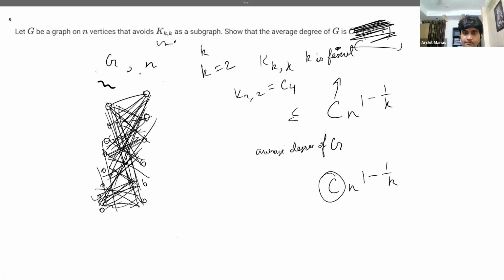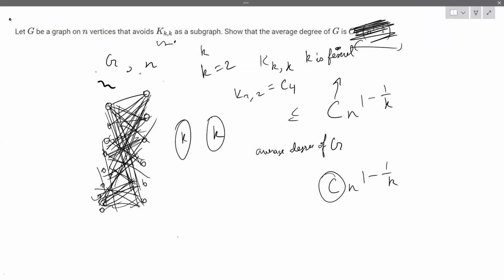Okay, so if you had to again look for a K comma K, what would you do? One dumb strategy is to just test all 2K vertices. Or rather, go over a set of K vertices and another set of K vertices and check if all K squared of those edges are actually there. Yes, that is one very dumb strategy.